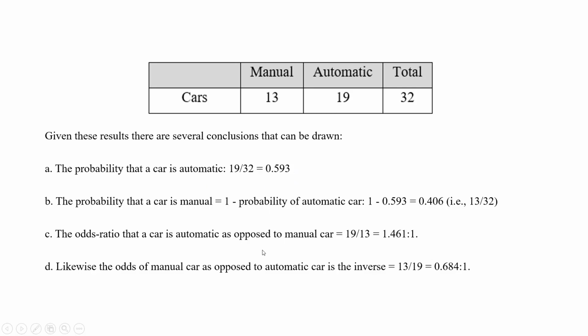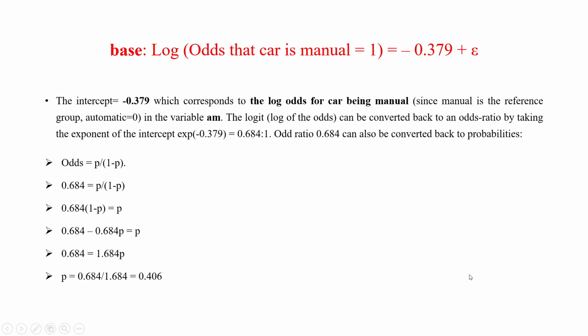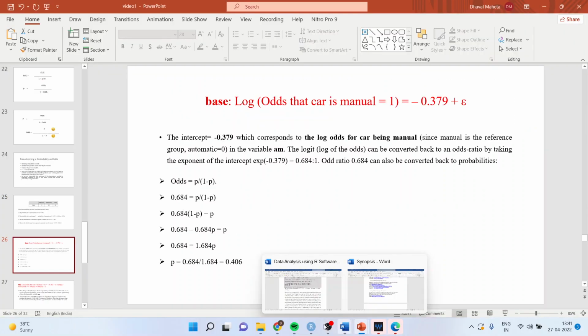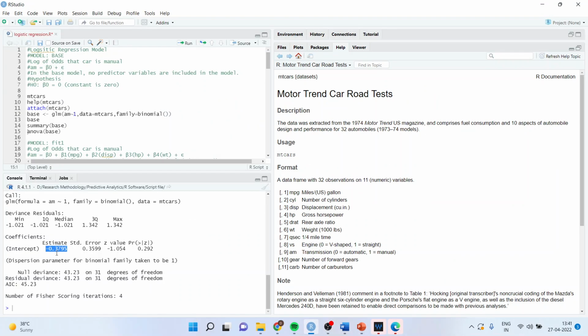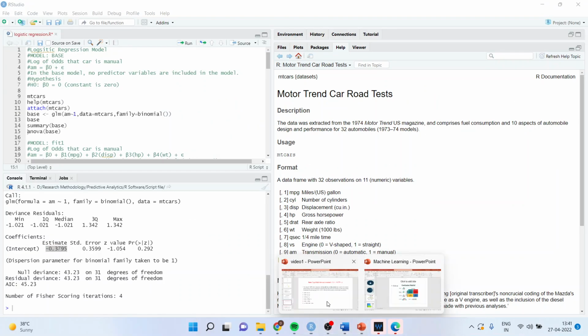The odds ratio that the car is automatic as opposed to manual is 19 divided by 13. Likewise, the odds of a manual car as opposed to an automatic car is the inverse, 13 divided by 19, which is 0.684 is to 1. Now, the number which we have got, 0.379, what is its interpretation? Let us see.